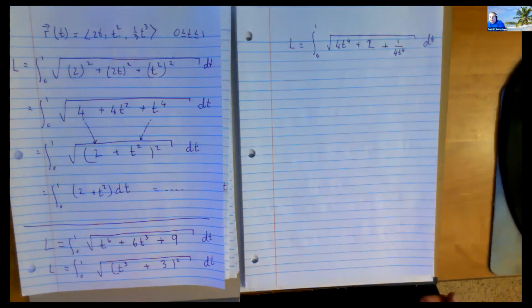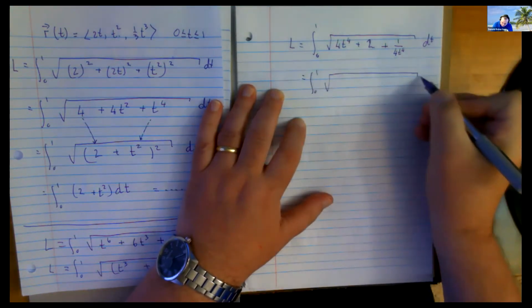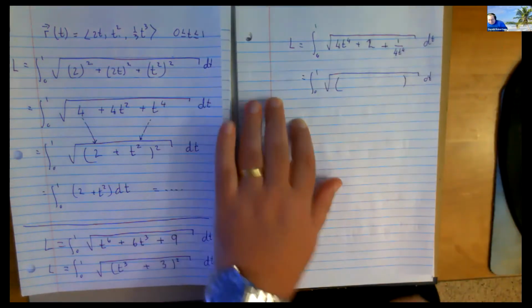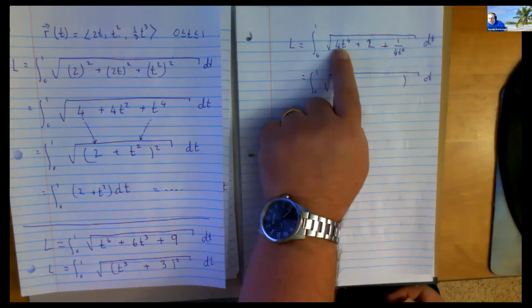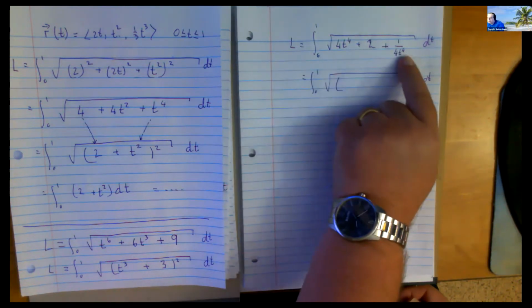There's a weird looking guy. He has to be a perfect square. I've arranged them from the highest power of t, the biggest thing, to the smallest thing.